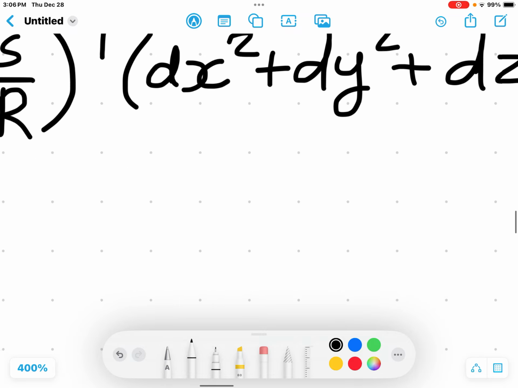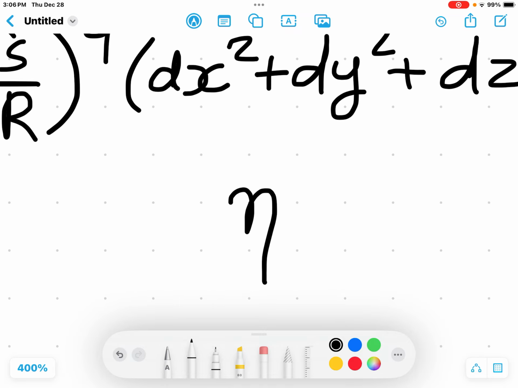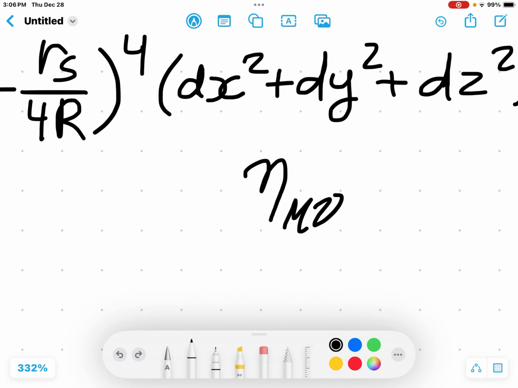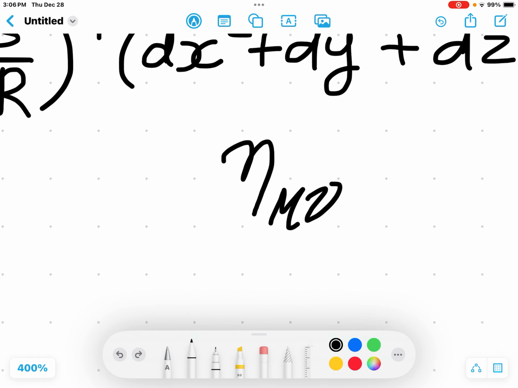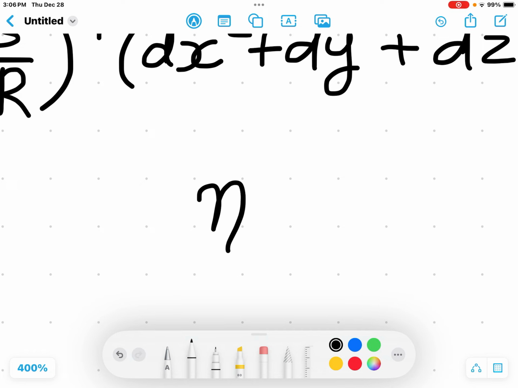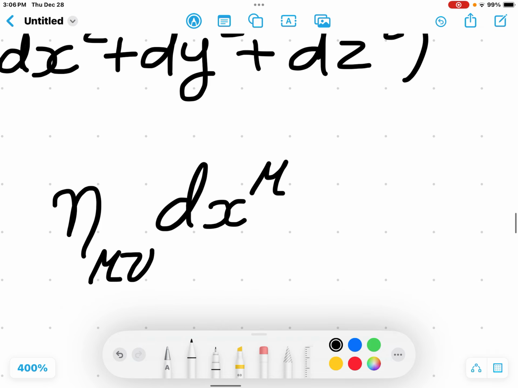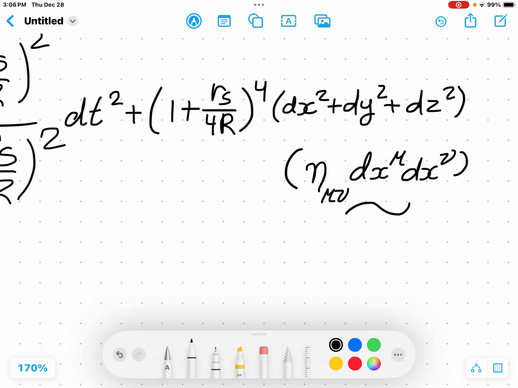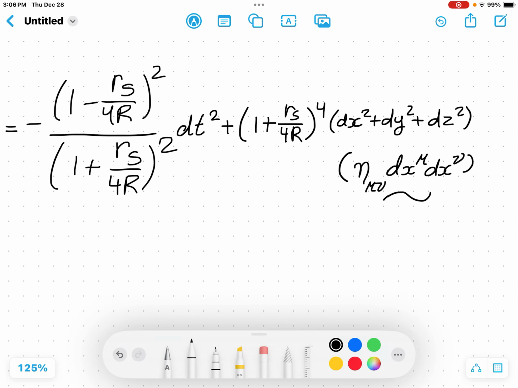You can call that eta mu nu, the three spatial components of eta mu nu dx mu dx nu, only considering components in the 3 dimensions, not the time dimension, because the time dimension is already factored in.